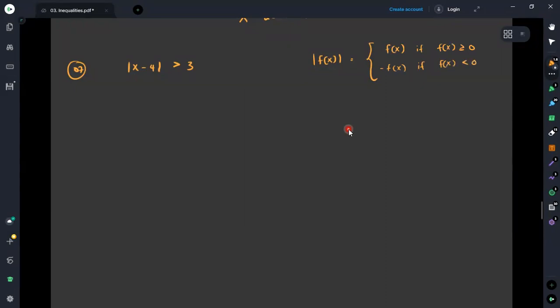Now, taking this concept into consideration, first we are going to identify f(x) and minus f(x).